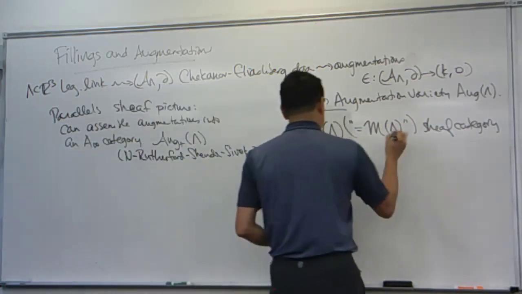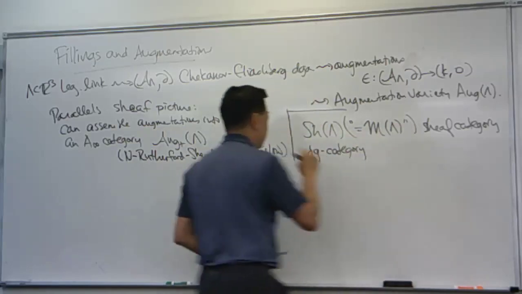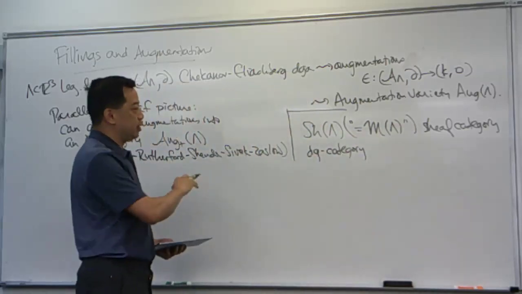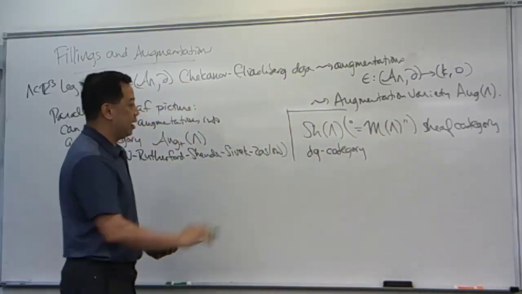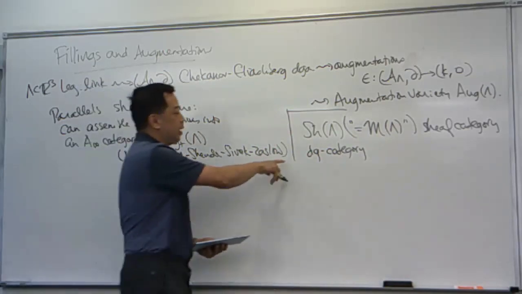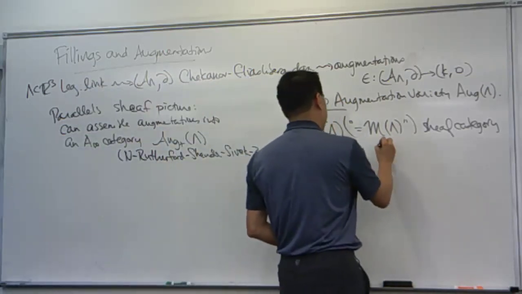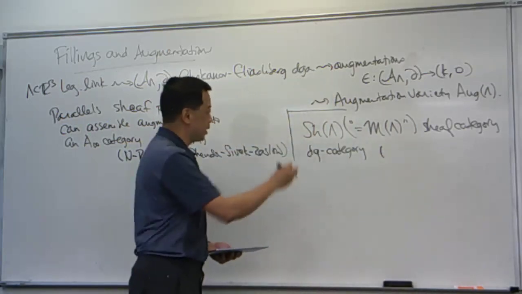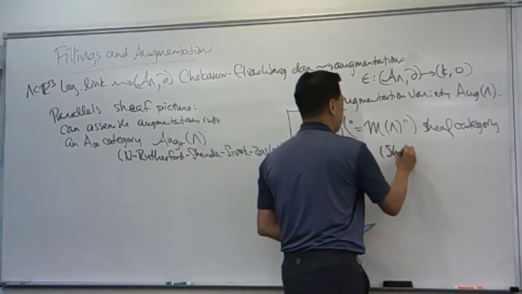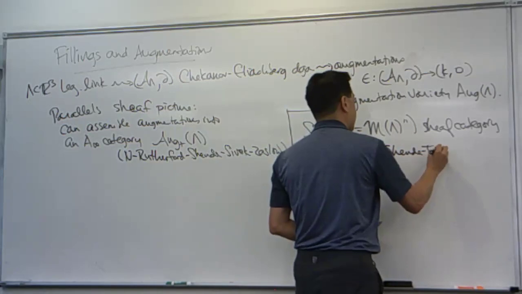Before you pass to all these fancier things like stacks and such, this forms some sort of DG category. It was built on work of many people, but the way it was written down was by Shende, Treumann, and Zaslow.